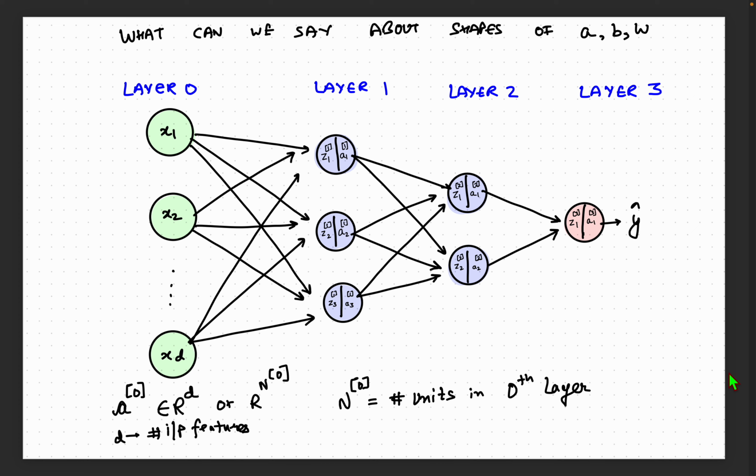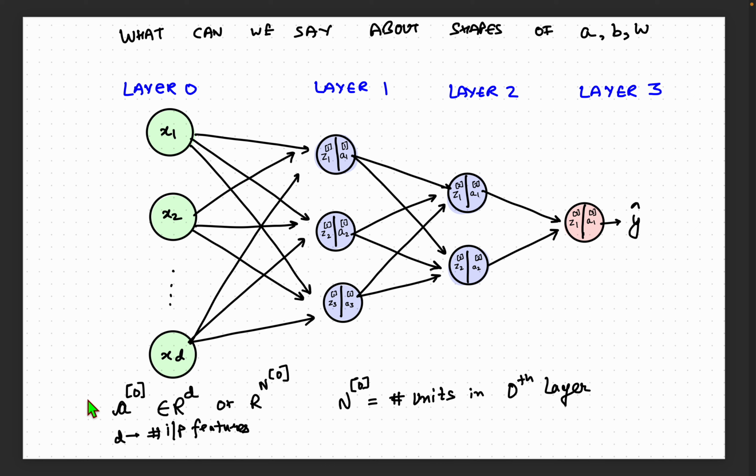All right. So now we will try to generalize things more, and we will try to directly think about the shapes of A, B, and W here. Here, we are introducing a notation.